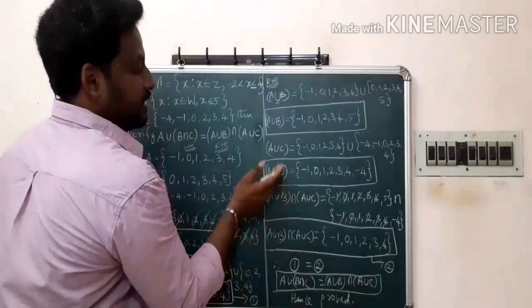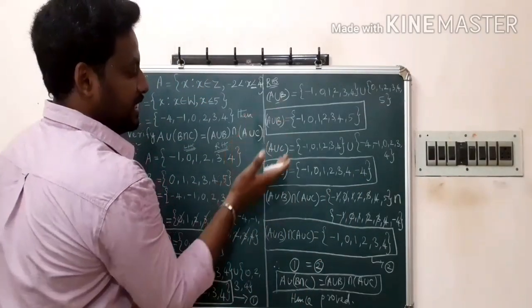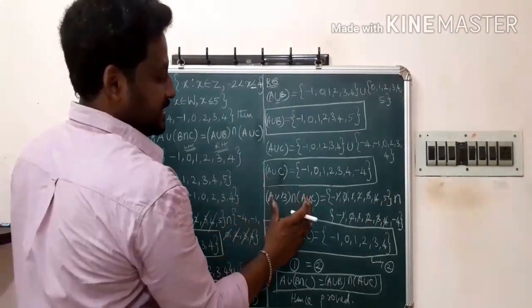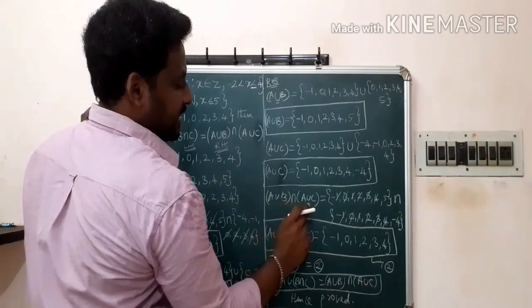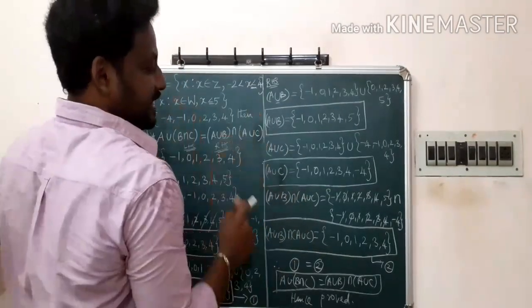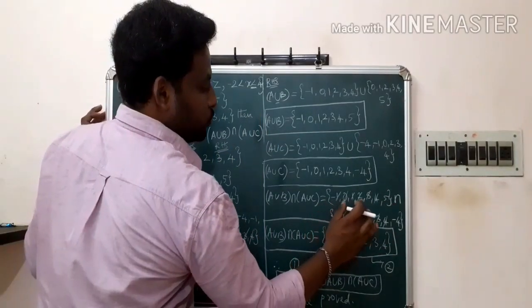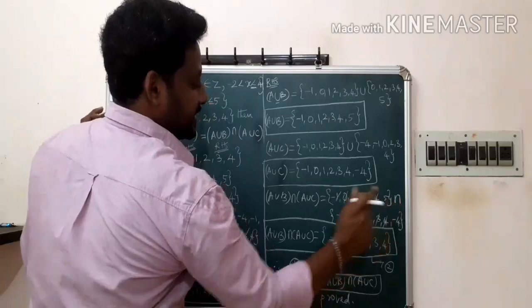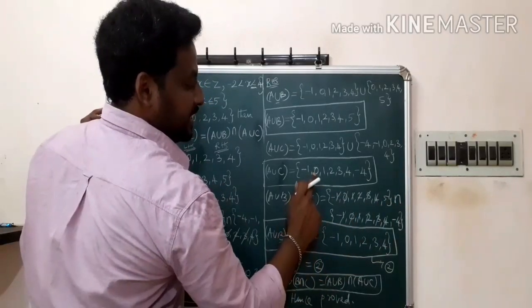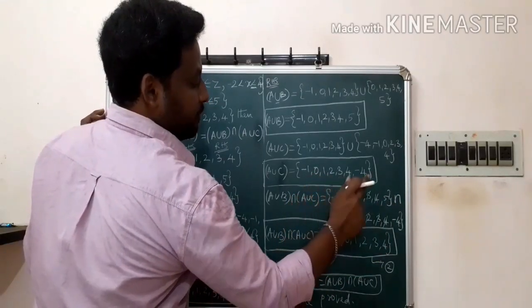And then we take intersection of A union B and A union C. This is the right hand side condition. A union B is minus 1, 0, 1, 2, 3, 4, 5. Take intersection with A union C, which is minus 1, 0, 1, 2, 3, 4, minus 4.